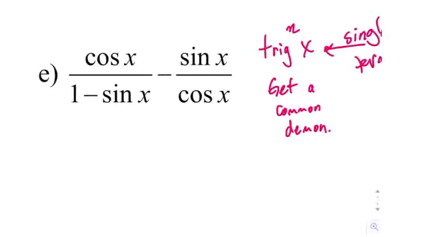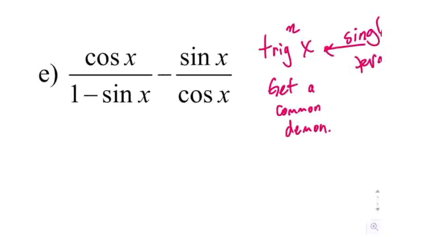I told y'all the other day that some of y'all were going to be inclined to make mistakes. And I said, avoid the temptation. Avoid the temptation. Over here we have 1 minus sine of x. Is that the same as cosine? Is that the same as cosine squared?